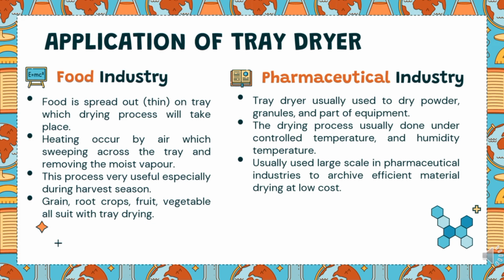In addition, in the pharmaceutical industry, the tray dryer is usually used to dry powder, granules, and also parts of equipment. The drying process is done under controlled temperature and humidity to achieve efficient material drying at low cost.